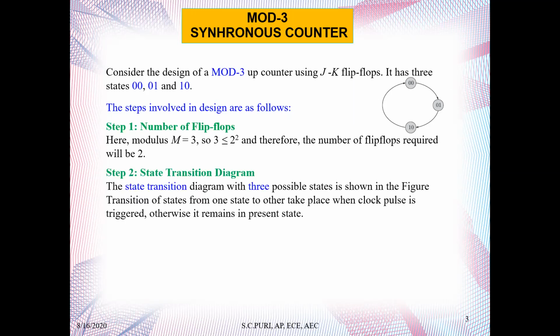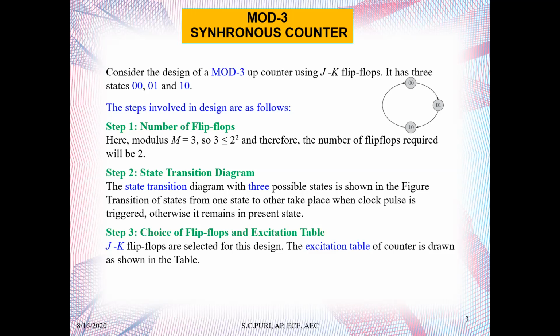Number 2, state transition diagram. The state transition diagram with 3 possible states, as we have seen, is shown in the figure. Transition of states from one place to other takes place when the clock pulse is triggered. Otherwise, it remains in the present state.